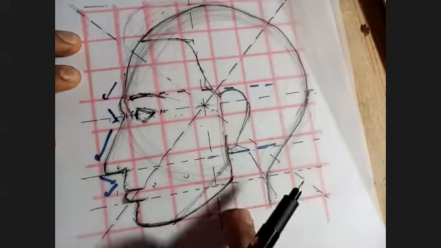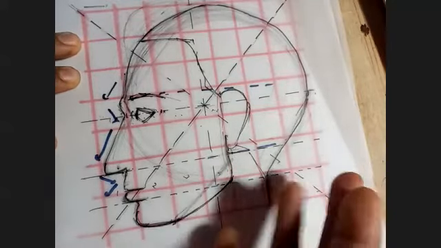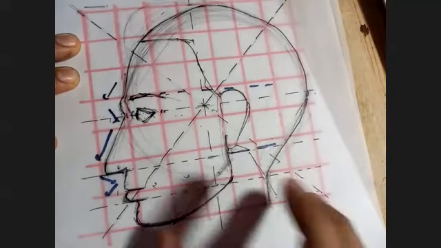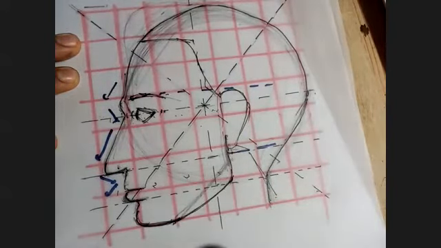Or you can draw on a regular paper and keep checking with the grid. Whatever approach works for you. You just need to keep that grid paper as a ready measurement.